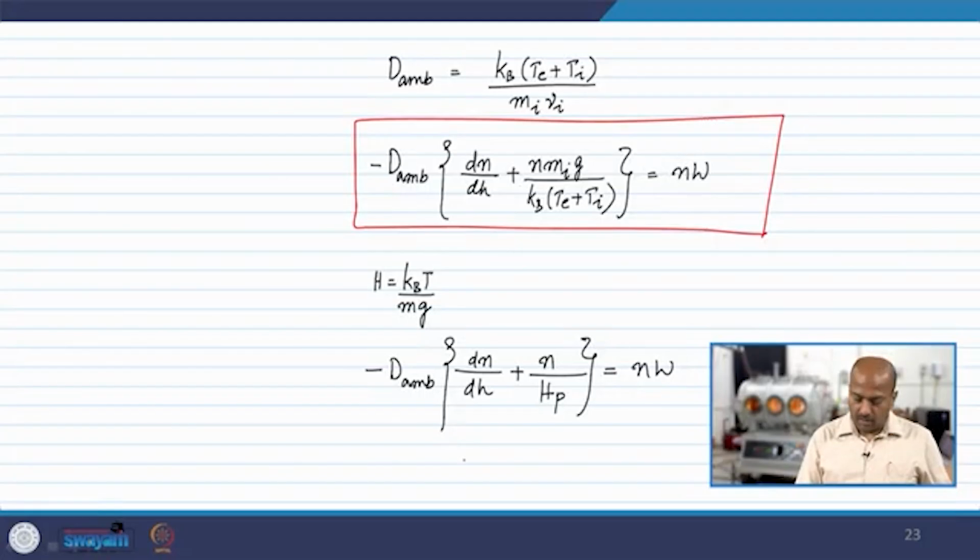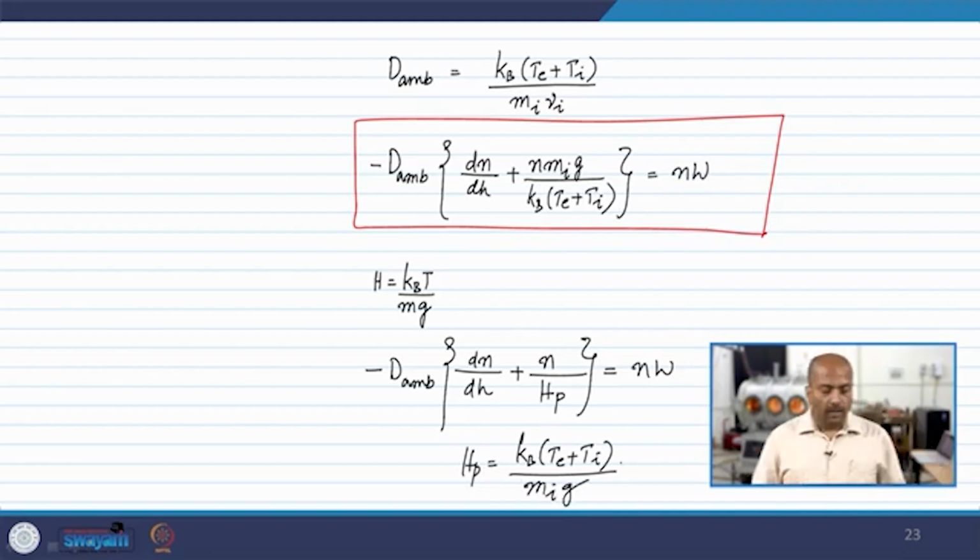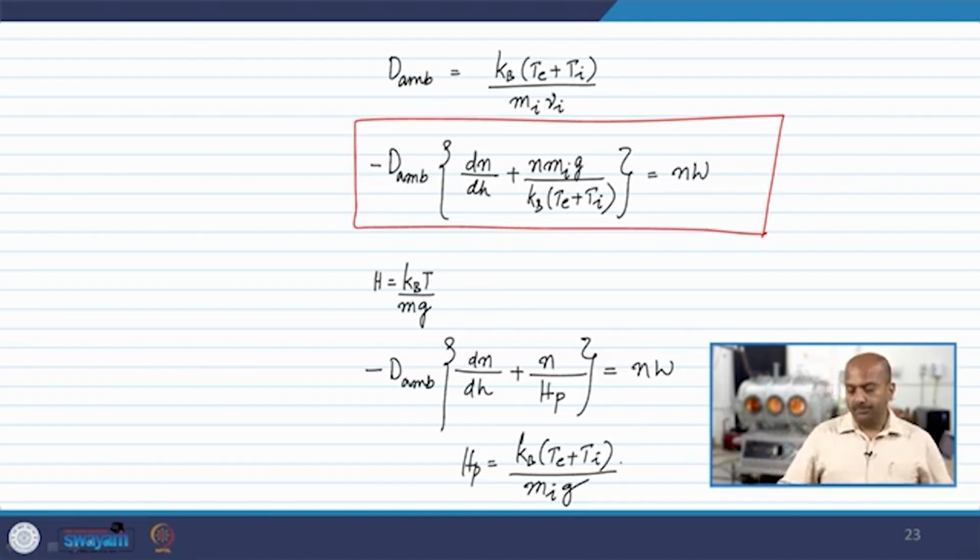Here Hp, the plasma scale height, is kB times (Te plus Ti) divided by Mi g. Okay. So, what is this? This is called the plasma scale height. Okay. So, we will try to understand a few more interesting aspects of ambipolar diffusion in the next lecture.